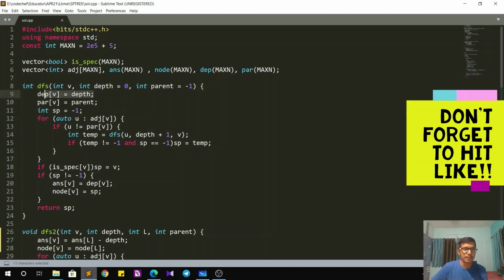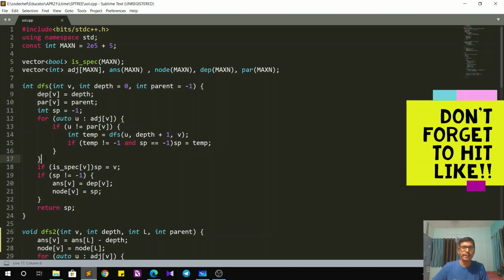So the depth of V is depth, and then I mark the parent as well. And then there's a special variable called int sp equals -1. So what does sp do? sp keeps track of whether there's a special node in my current node's subtree. So if the value of sp is -1 even when the function ends, then it is propagated upwards.